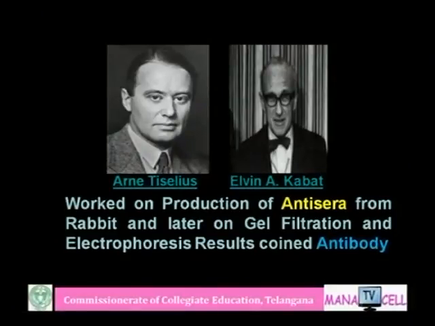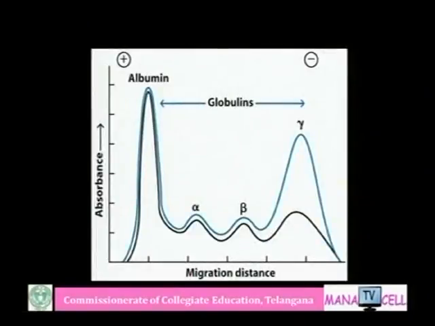After 3 to 4 days, they isolated the serum of that rabbit and subjected it to electrophoresis, followed by gel filtration chromatography. In that they got these peaks: one of them is ovalbumin, then the alpha peak, then the beta peak, and then the gamma peak.